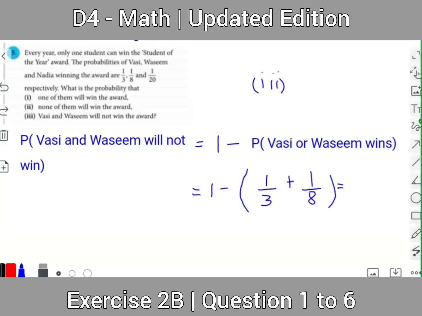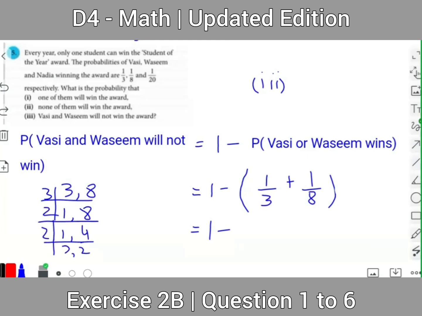Now we will take the LCM of 3 and 8. So here we have 3 ones are 3, and here we have 8. So 2 fours are 8, and 2 twos are 4, and 2 ones are 2.